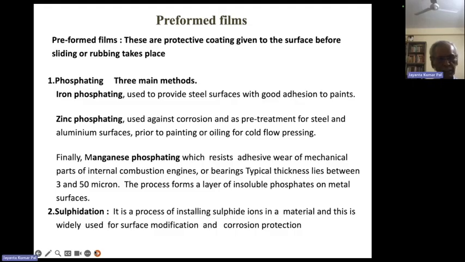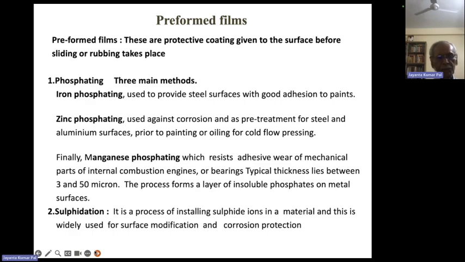So it's very clear that these are pre-treatments for further processing, painting or oiling. Finally, there is another type of phosphating called manganese phosphating, which resists adhesive wear of mechanical parts of internal combustion engines or bearings.